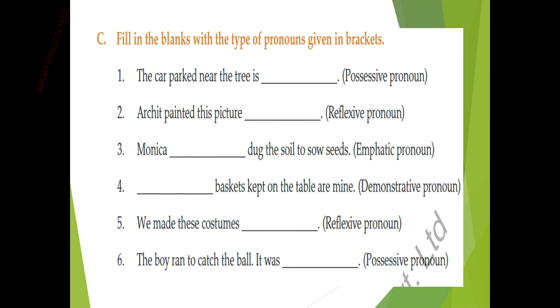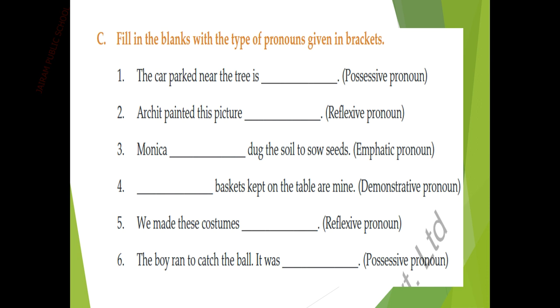Go to section C. Fill in the blanks with the type of pronouns given in the brackets. Number 1. The car parked near the tree is dash. Here you should use the suitable possessive pronouns, which means ours, mine, his. Which one is the right answer? Of course, the car parked near the tree is mine or else ours. 2.